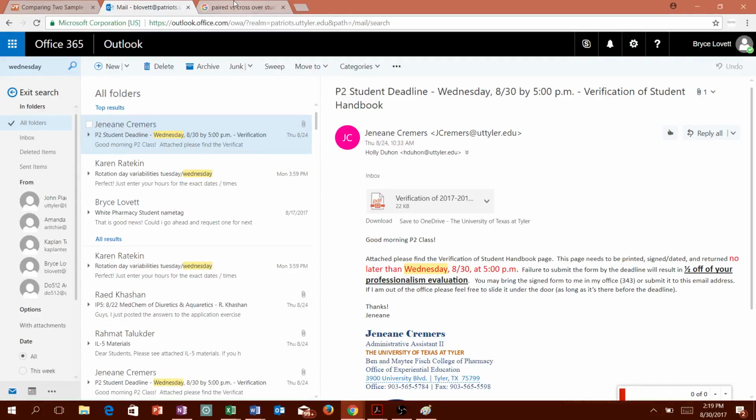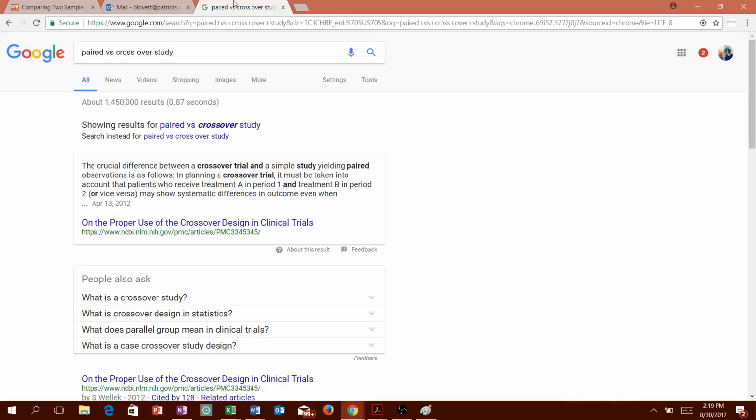So both groups cross over. If you remember the energy shot, the caffeinated energy shot drink, each group would receive the intervention or the placebo at one point. So each group would receive the two treatments. They would receive the placebo, and then the next time they would receive the caffeinated energy shot. And that's good because each group served as their own control, right?